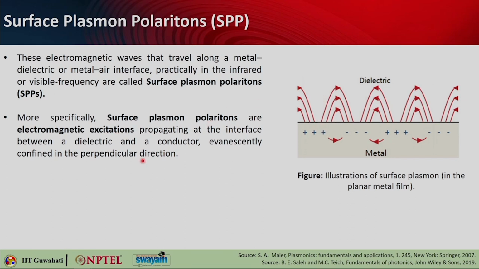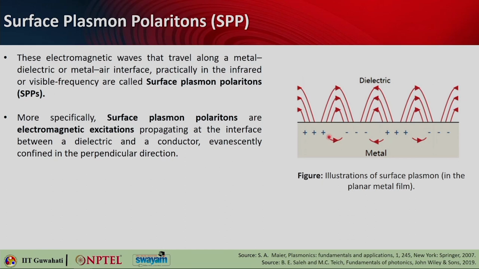More specifically, surface plasmon polaritons are electromagnetic excitations propagating at the interface between a dielectric and a conductor, and they decay along the perpendicular direction. You can understand this because they decay very sharply into the metal.